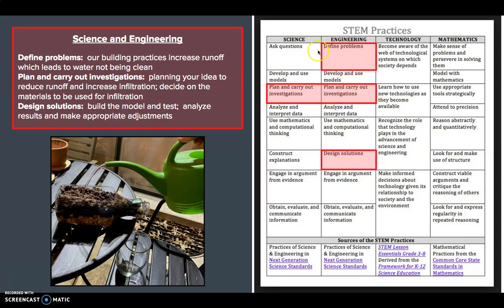I said defining problems because our problem was defined: our building practices increase runoff, which leads to the water not being clean. We wanted to promote better infiltration. And then as far as the solutions go, we needed to actually build a model and test it. Then we had to take our results and analyze, did they work or not, and then make possible adjustments or improvements.